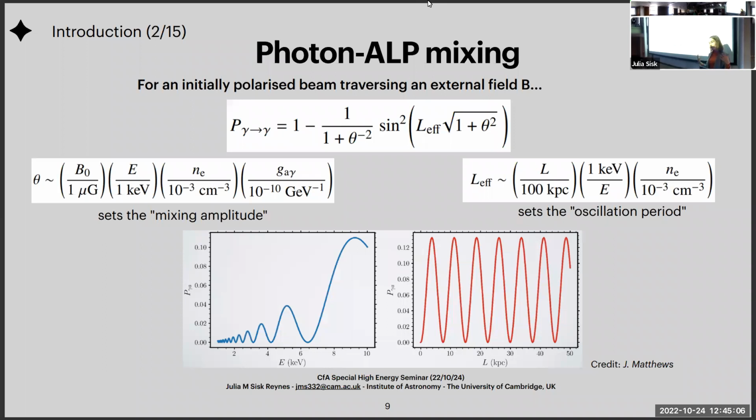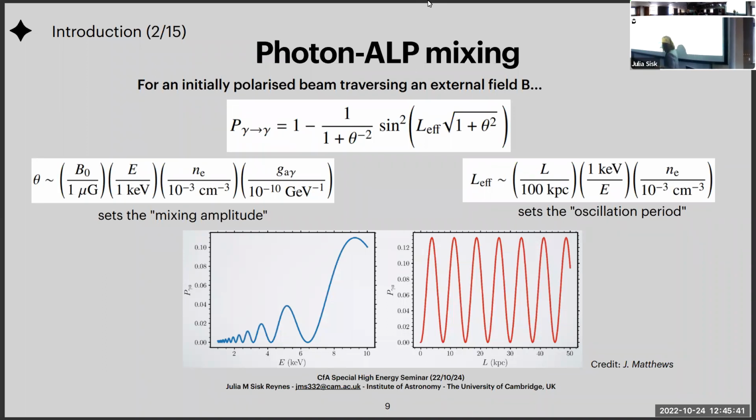So you can think analogously to neutrino oscillations, where you have a neutrino starting in a specific state, and then it travels through a path length, and then it has a non-zero probability of having mixed into another neutrino flavor state. But here what we have is an initial photon beam starting with a polarization state, and then it has a non-zero probability of mixing into an axion of a given mass and coupling as it travels through a magnetized medium.